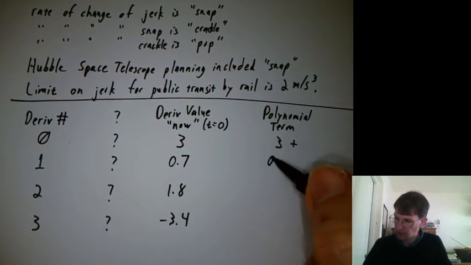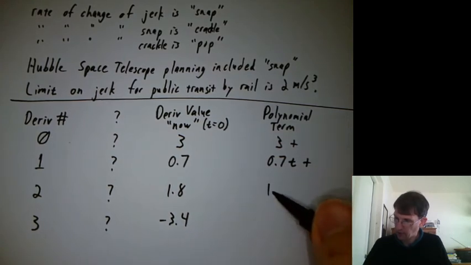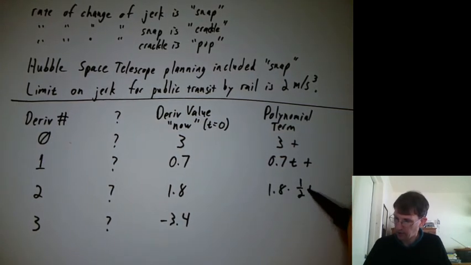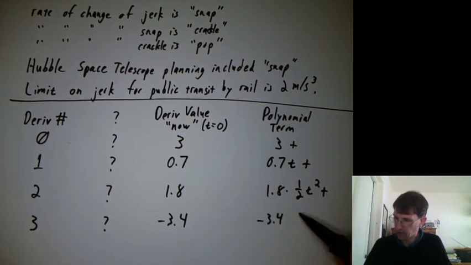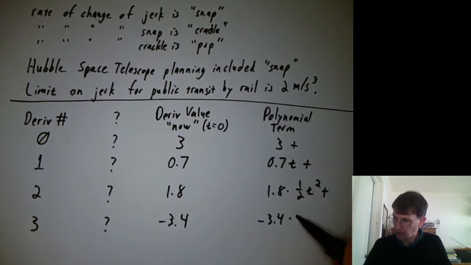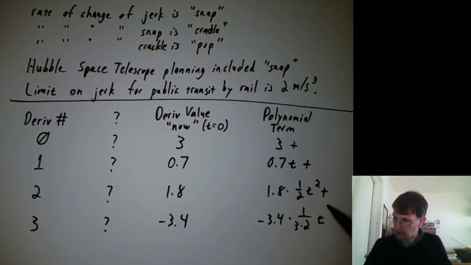The 0.7 was 0.7t. The 1.8 was 1.8 times 1/2 t squared. And then the negative 3.4 was negative 3.4 times 1 over 3 times 2 times t cubed, like that.